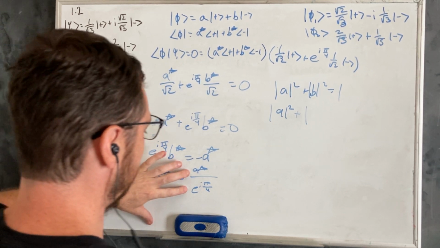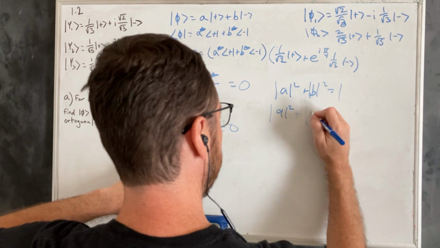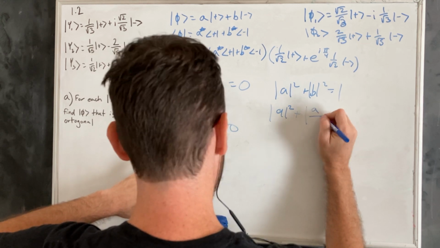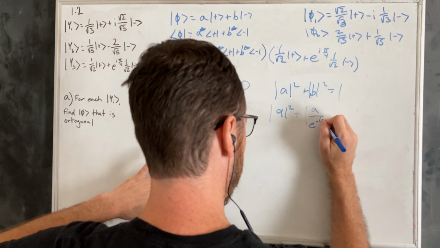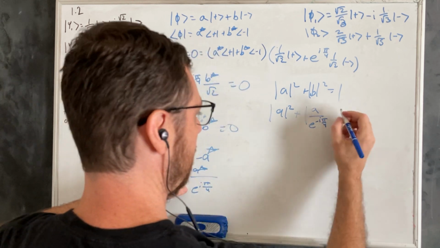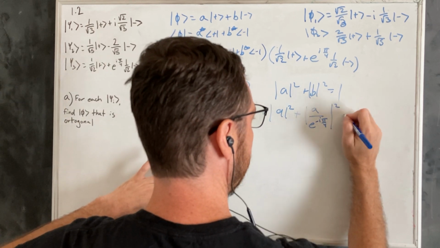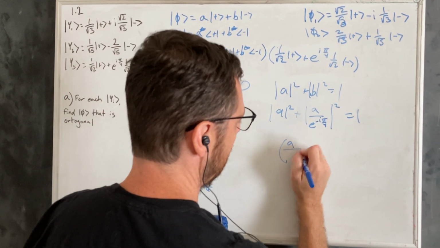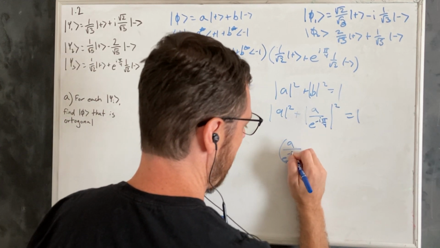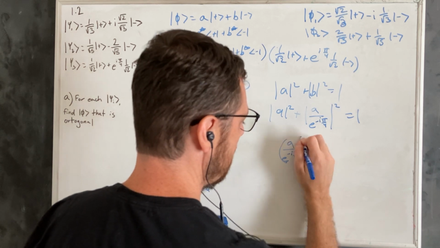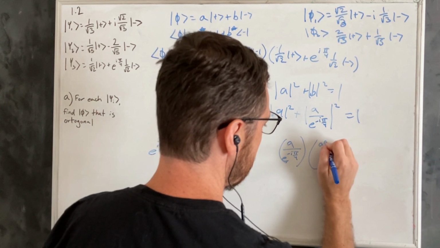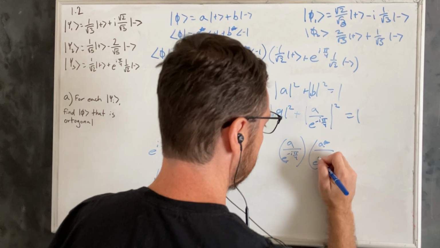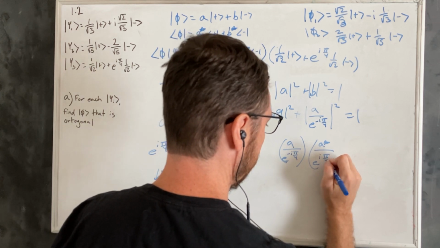Again, it doesn't matter, but we'll do it anyways, which would be a over e to the negative I pi over 4 if we complex conjugate that. And that squared is going to be equal to 1. All right, so this term here, we do a over e to the negative I pi over 4 times a star e to the positive I pi over 4.